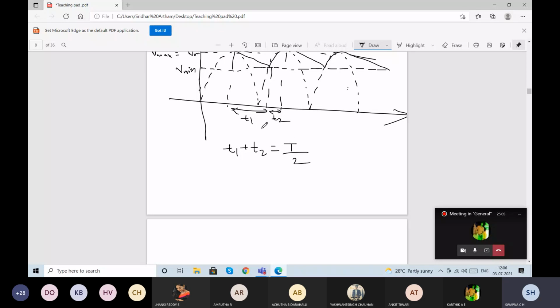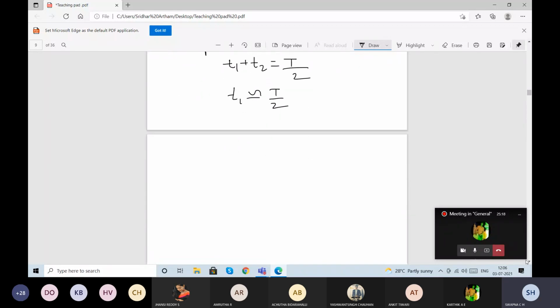Anyway, we know that the charging time is very much less than the discharging time, so here T1 will be almost equal to T by 2. The discharging of the capacitor is given by Vc of t, which is charging to the peak value, and from there it is discharging, so Vm into e power minus t by RC.